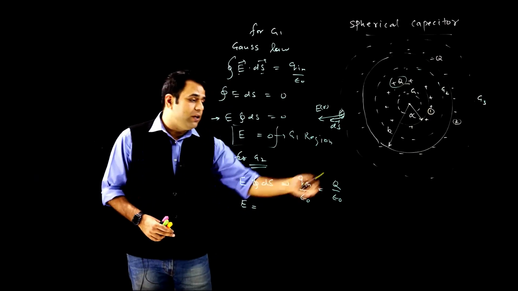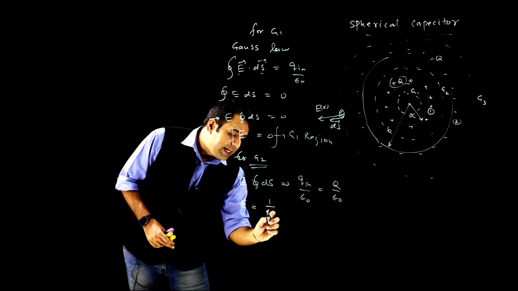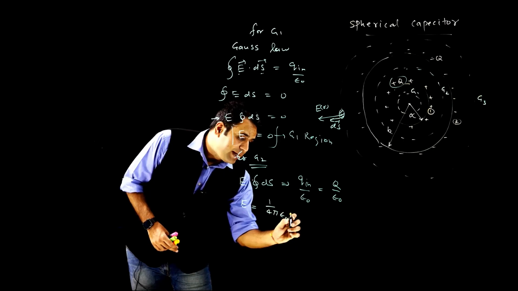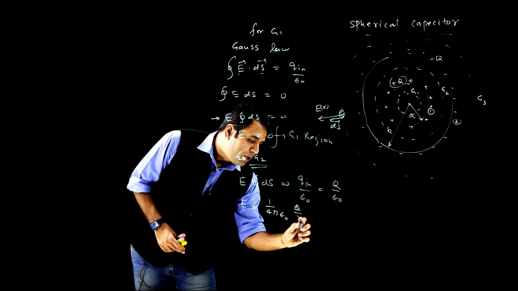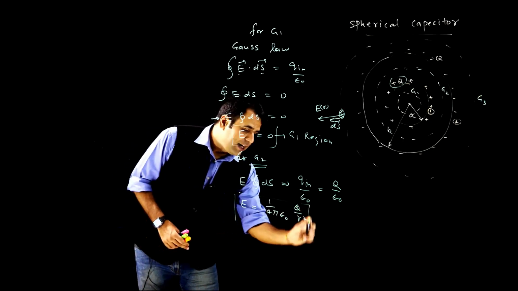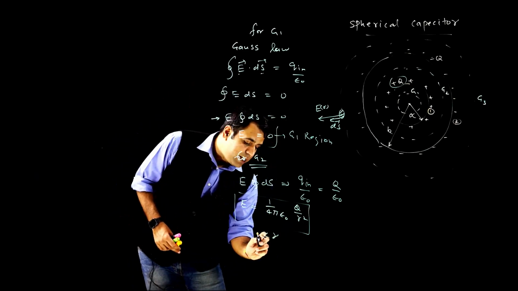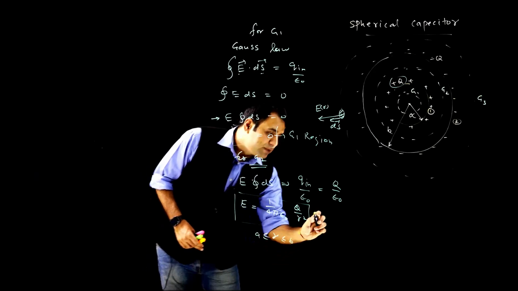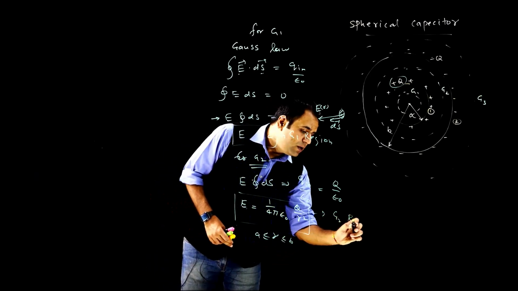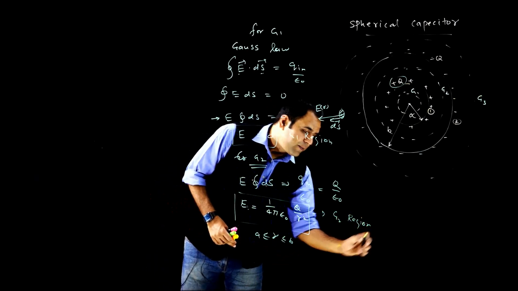Taking that value to the right hand side, the electric field becomes 1 upon 4 pi epsilon naught times Q upon r square, where r is more than A but less than B. This is the G2 region.